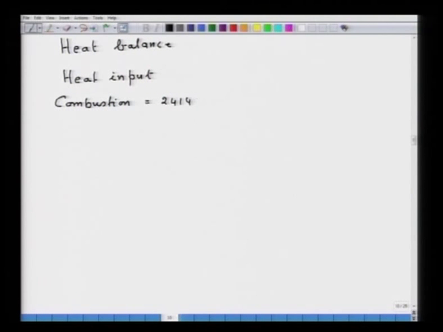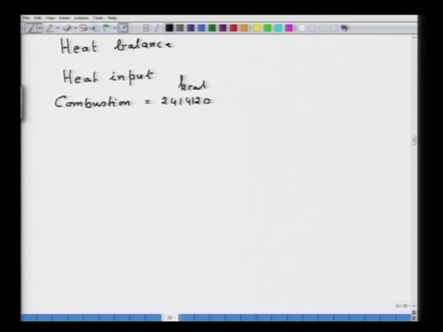Now, the heat balance you have to do. For the heat input, heat input 1 will be by combustion. So, you have to calculate C plus O2 gives CO2 and H2 plus half O2 gives H2O. So, this heat input by combustion will be equal to 2414120 kilocalorie.